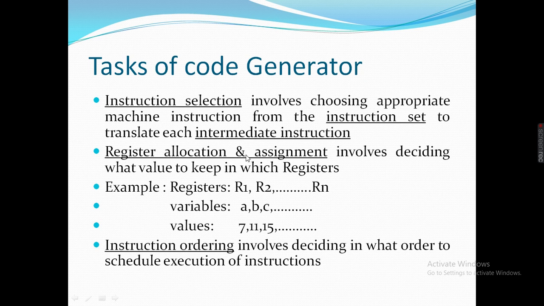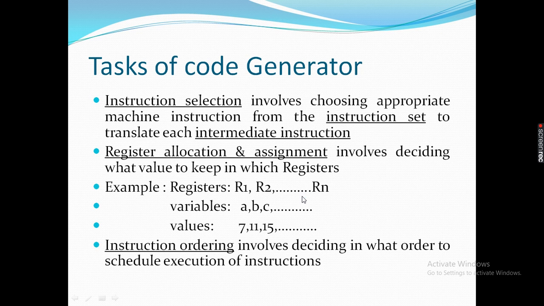In register allocation, we list out the variables whose values we want to store in registers. For example, we list out variables A, B and C, with values say 7, 11 and 15, which we want to store in registers.